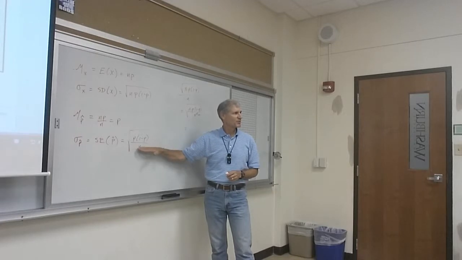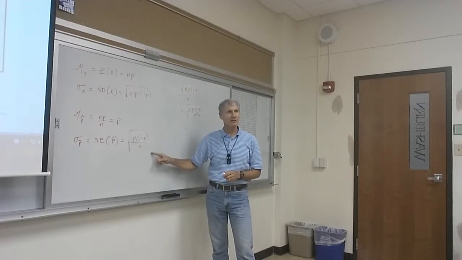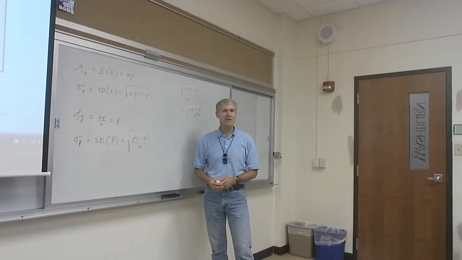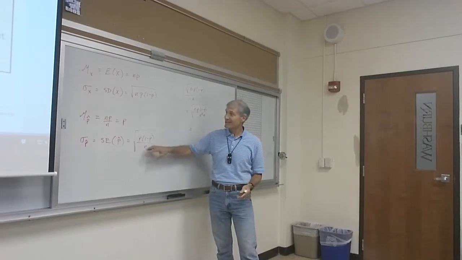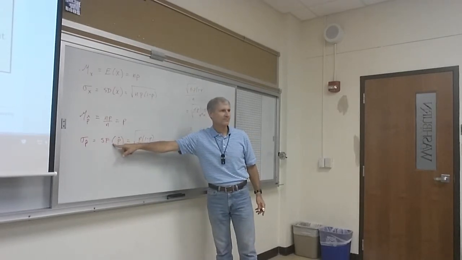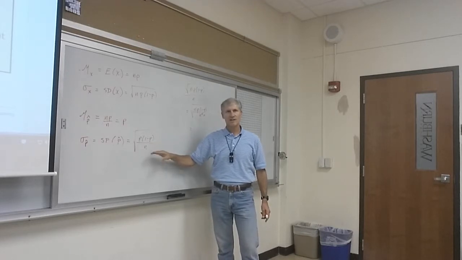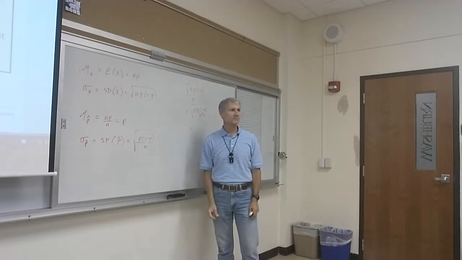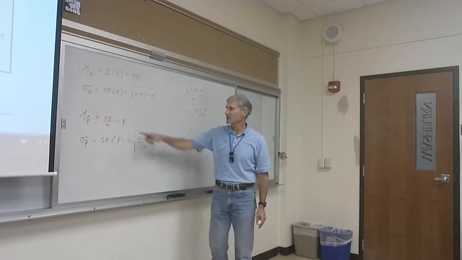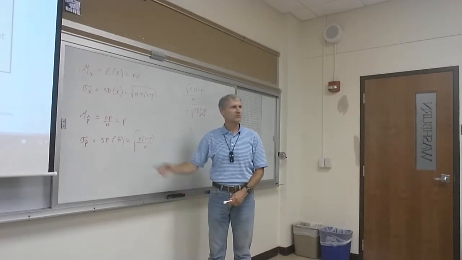So as n gets bigger, this thing gets smaller, which intuitively makes sense. The bigger your sample, the less error. This is the standard amount of error for a sample of size n. If n's big, you're going to have small error. You'll do a good job of estimating p if you take a big sample. That's what this says.